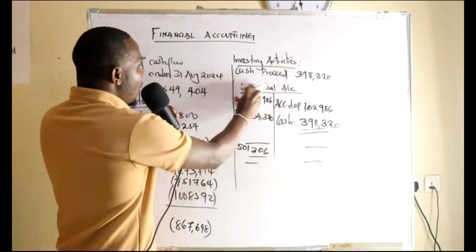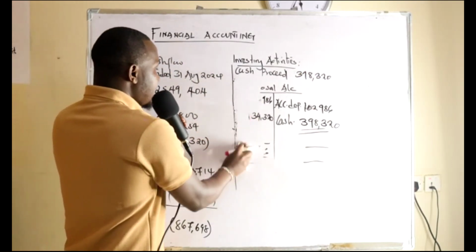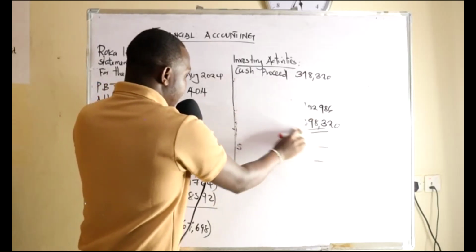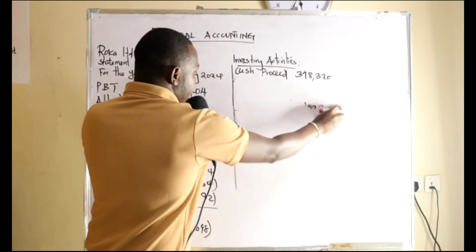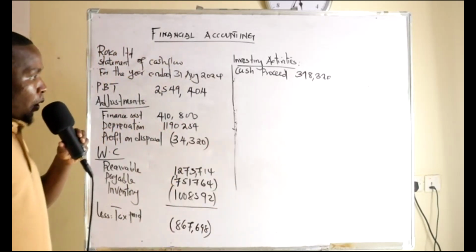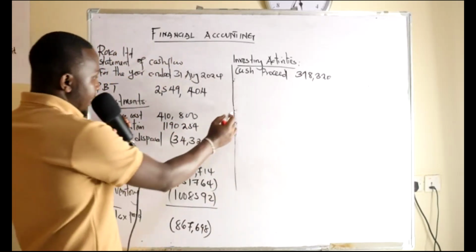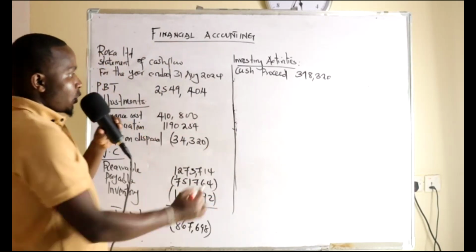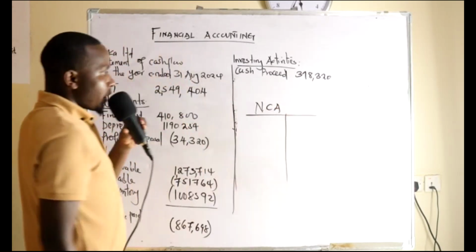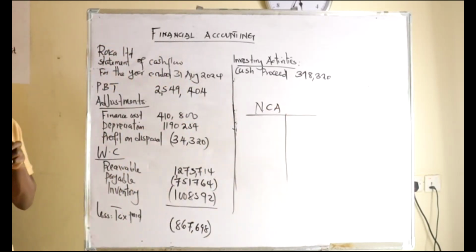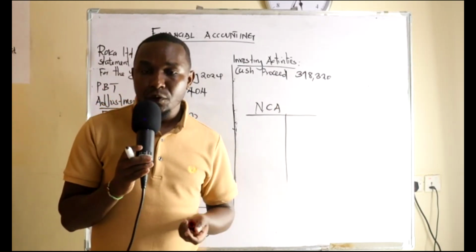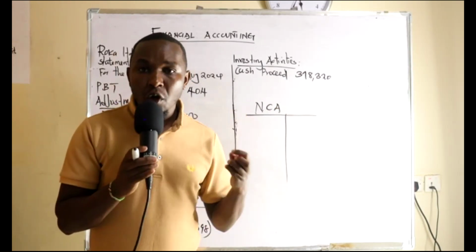We also need to open the non-current asset account, so that you can see whether this company called Roga Limited purchased some non-current asset during the year. Now, this is where I was talking about that if the examiner gives you the net book value, you should go with the net book value.